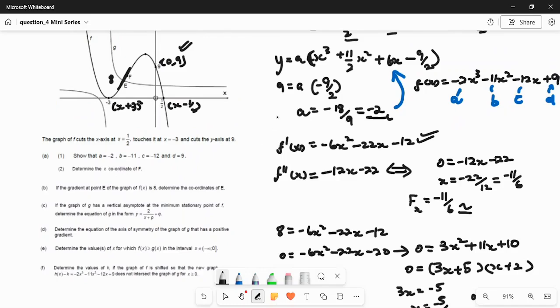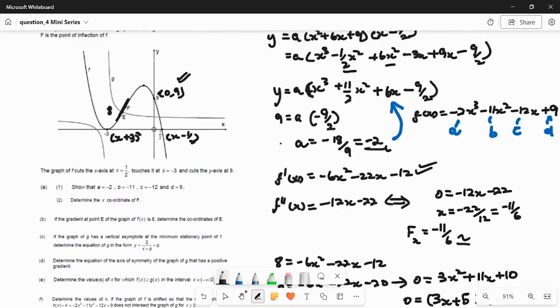We are told that this hyperbola has a vertical asymptote at the minimum stationary point. We have a local minimum here for this function f, somewhere there. So that means we have a vertical asymptote. Let's draw that asymptote.